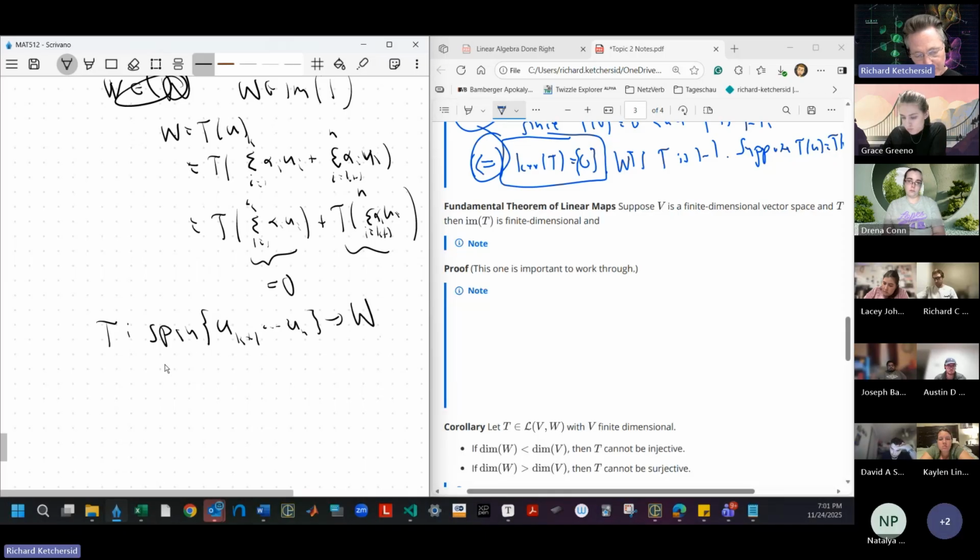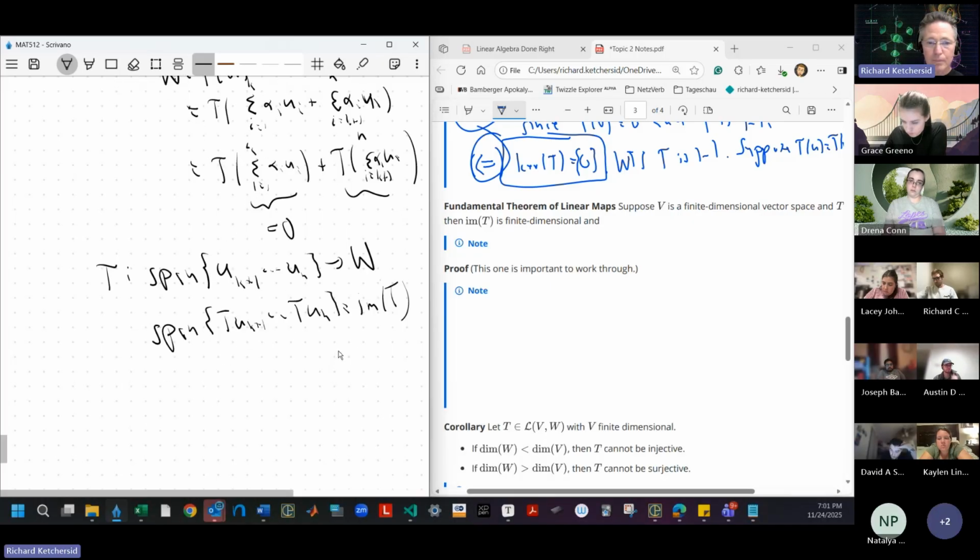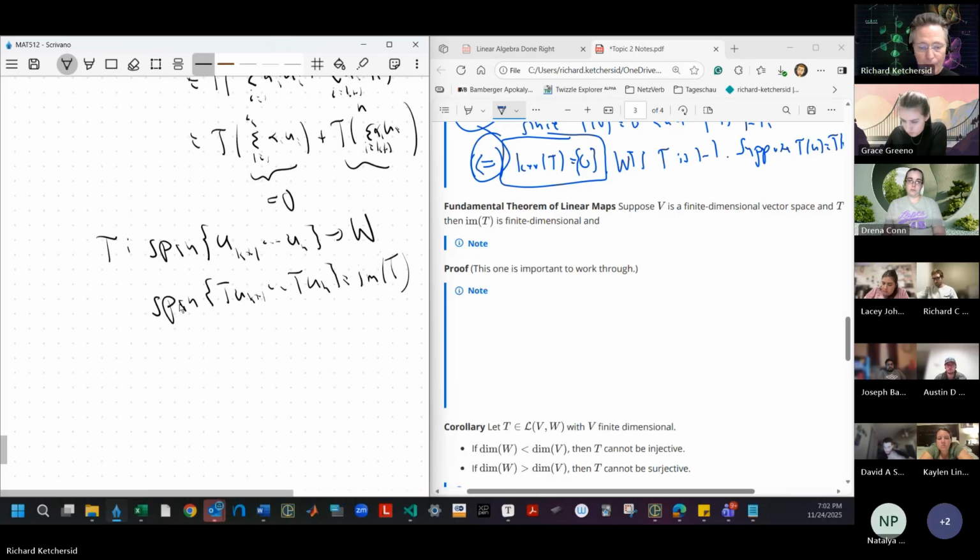And so the span of T of u_{k+1}, through T of u_n, is equal to the image of T. Remember, we're interested in a basis for the image of T, so wouldn't it be nice if that was a basis for the image of T?